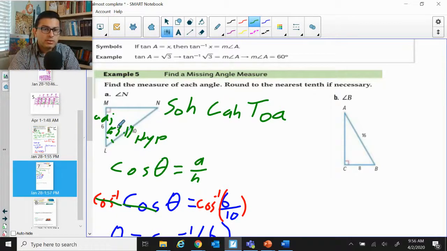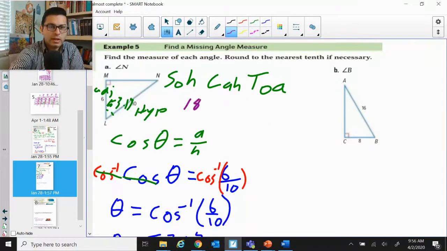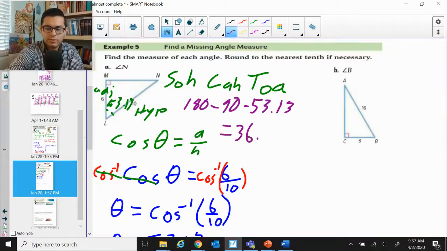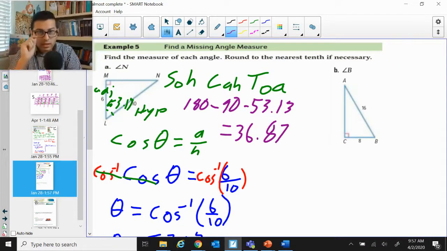So if we take 180 degrees, we take away this 90, we take away this 53.13, that's going to be 180 minus 90 minus 53.13. And this is going to equal 36.87. This is our last angle.